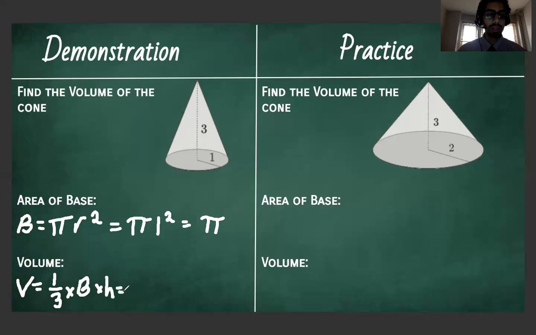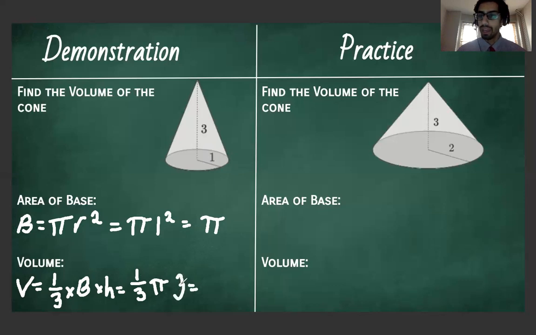So here we're just going to plug numbers in. That will be 1/3 times pi, which was the area of the base, and multiply that by what? The height, which would be 3.